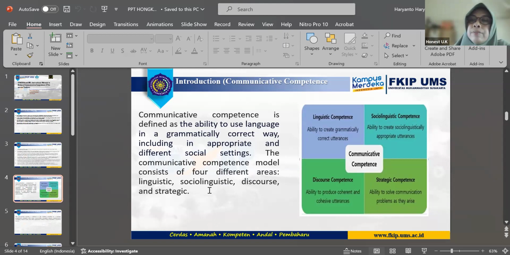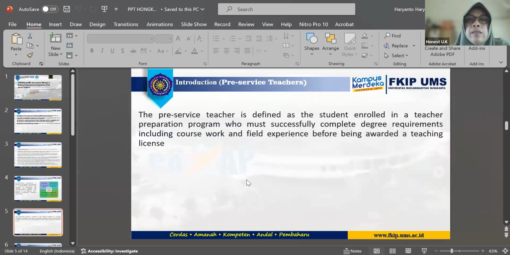The second one is sociolinguistic competence. The third one is discourse competence, and the last one is strategic competence. And as we know, a pre-service teacher is defined as a student enrolled in a teacher preparation program who must successfully complete degree requirements, including coursework and field experience, before being awarded a teaching license.